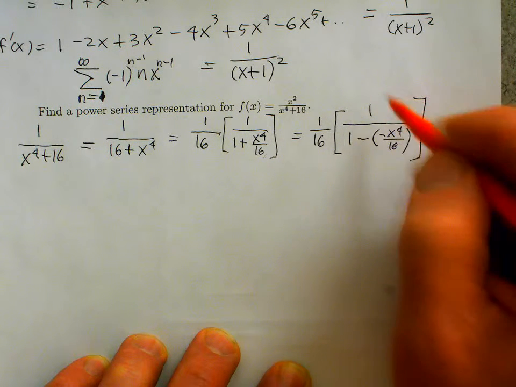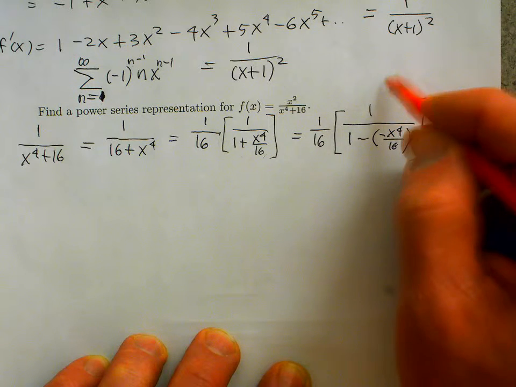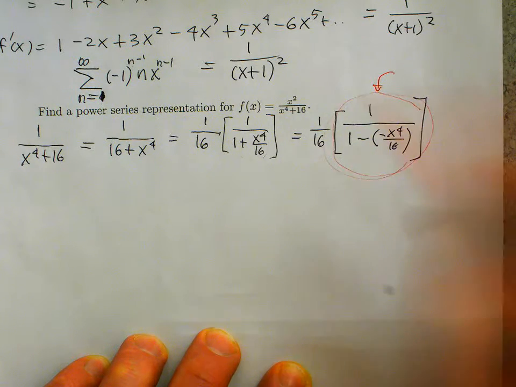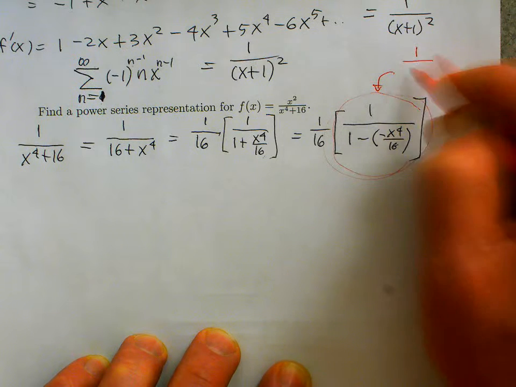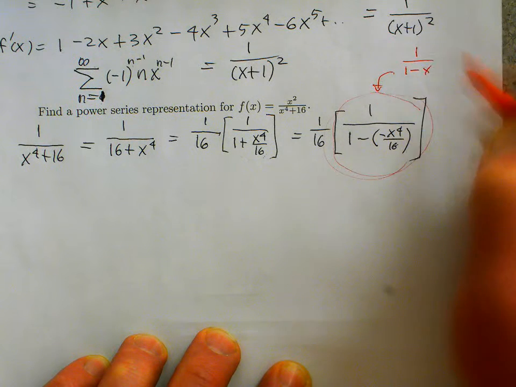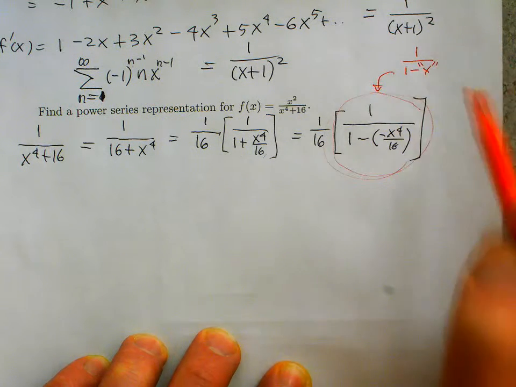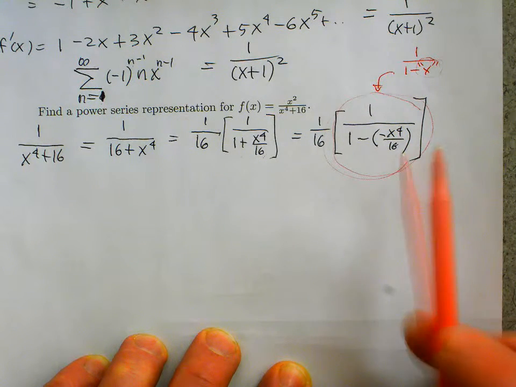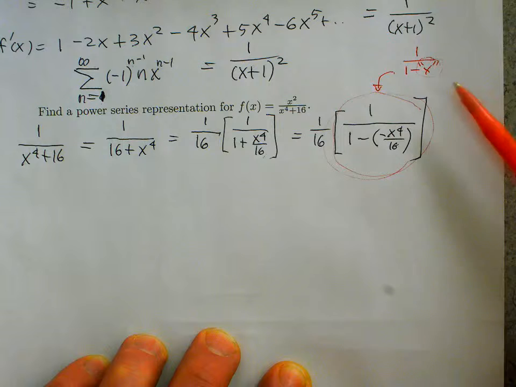So remember why I'm doing it that way? I want to get something that has the form 1 over 1 minus x. So I'm just replacing x with negative x to the 4th over 16, and then writing the power series representation as a geometric series.